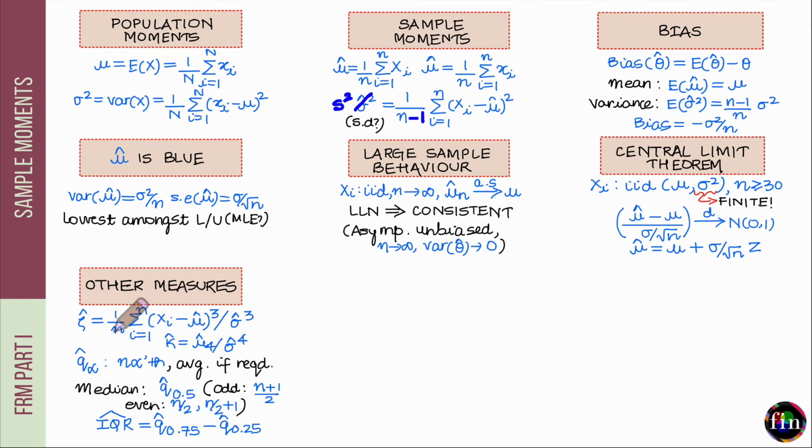Next, let's talk about other measures that can be estimated using your sampled data. So using your sample, you can also estimate the skewness of x using a very simple estimator that looks something like this. In this estimator, skewness is being estimated as the simple average of the cubed deviation of the sampled values of x from the sample mean mu hat divided by the cube of the sample standard deviation sigma hat.